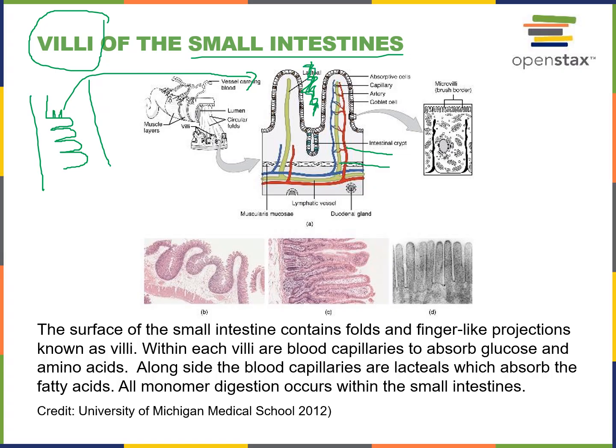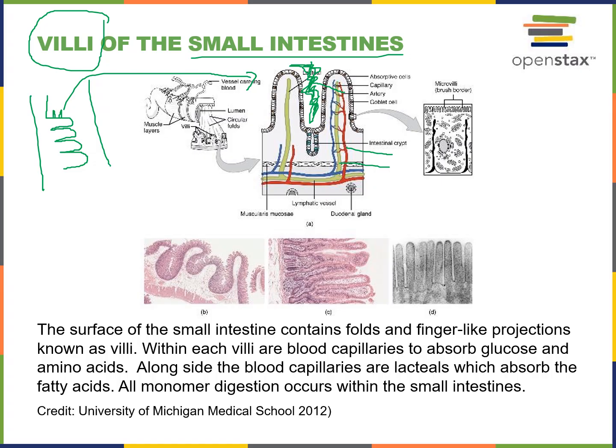All the amino acids, etc., are in this kind of medium, where an individual monomer, one glucose molecule, can cross the membrane and move into blood. And just as that one could do so, a million can do so.